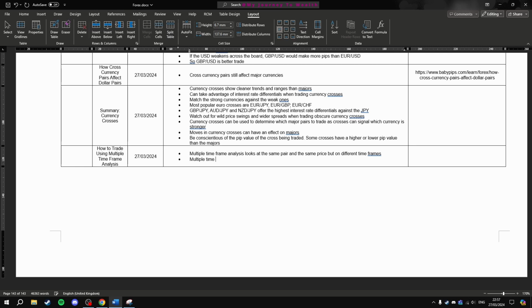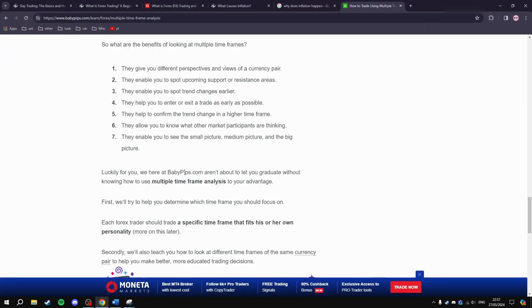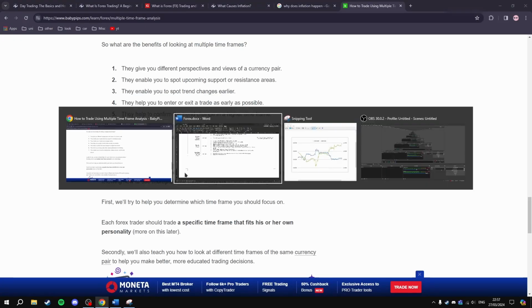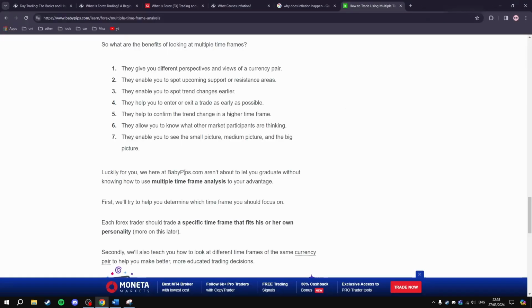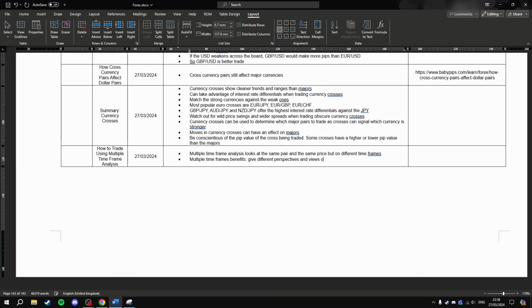Multiple time frames benefits. Give different perspectives and views of a currency pair.